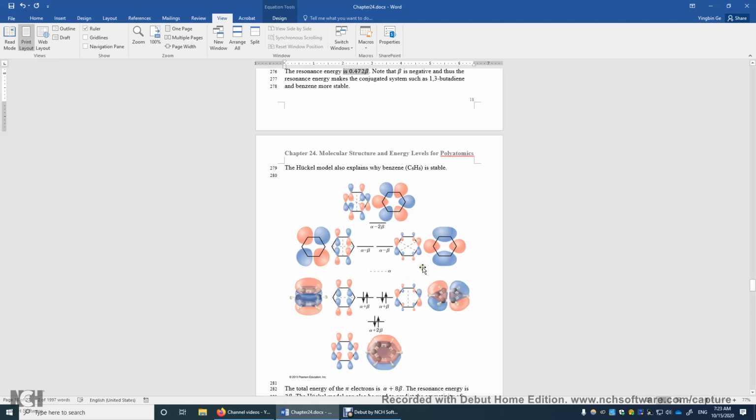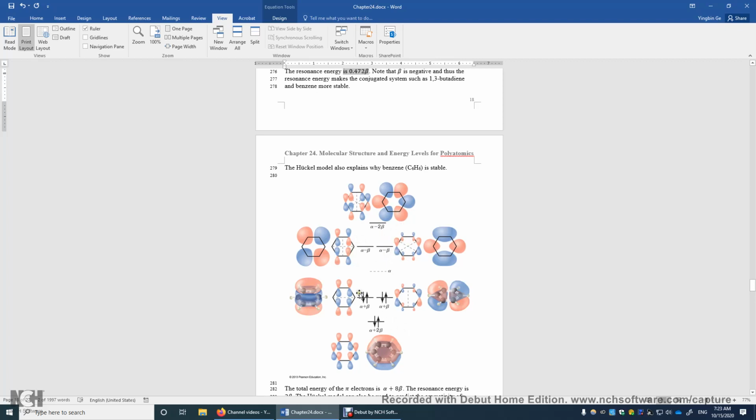You solve the determinant and you get the molecular orbital energies: alpha plus 2 beta, alpha plus beta, alpha plus beta. So you have 2 degenerate MOs over here. And then alpha minus beta, again 2 degenerate molecular orbitals, and then alpha minus 2 beta.